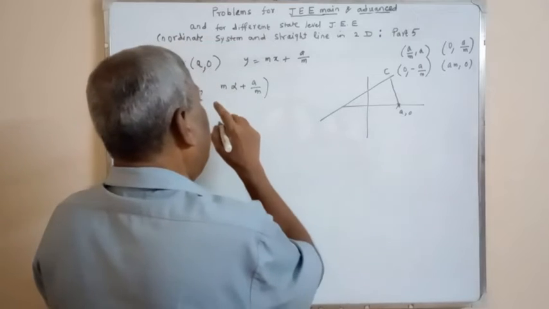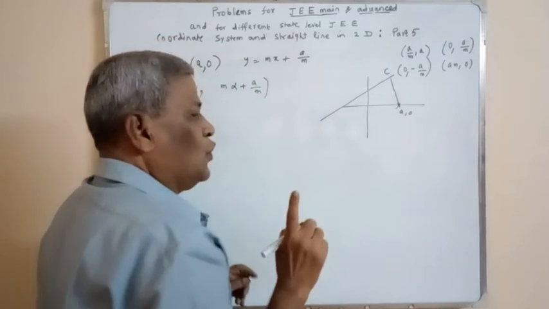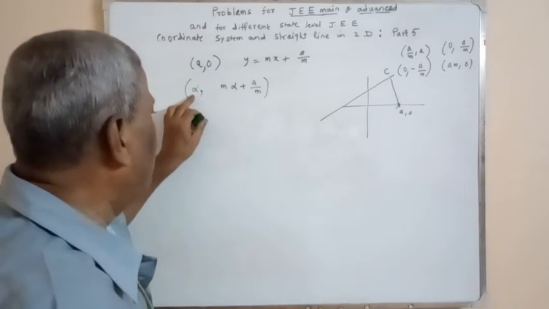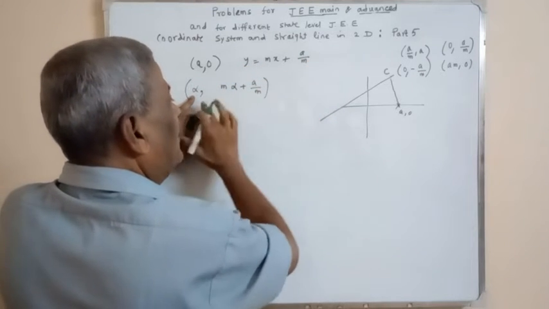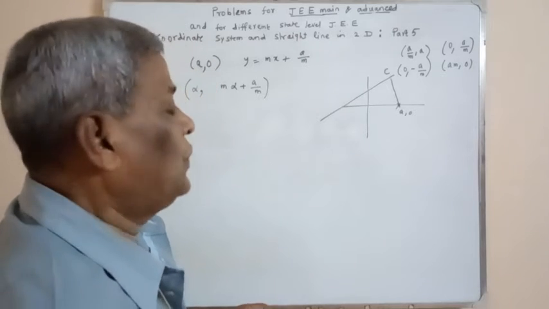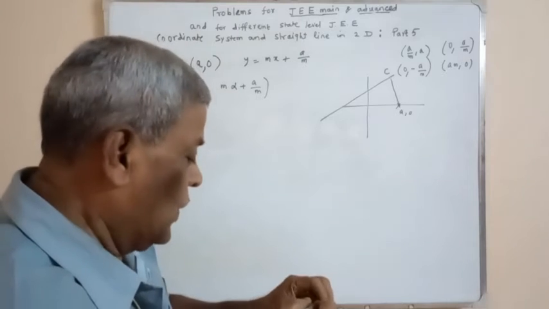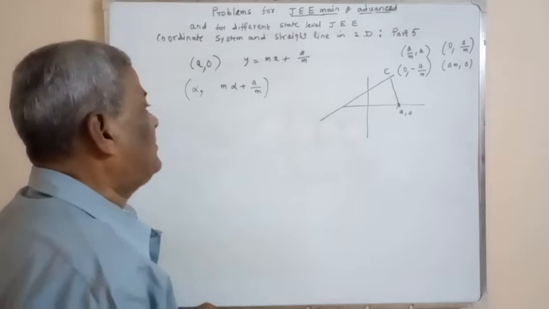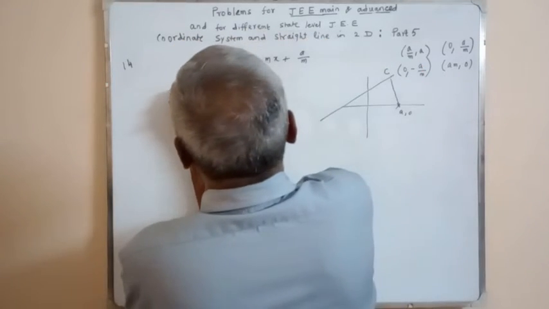I have taken a point on that line, parametric coordinate: x is equal to alpha, then y will be m alpha plus a by m, known as parametric coordinate. It is very useful because in that coordinate only alpha is unknown, so it is very easy to calculate. So I have taken C is equal to that.